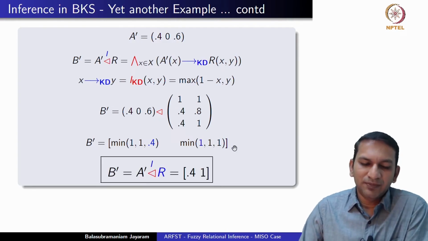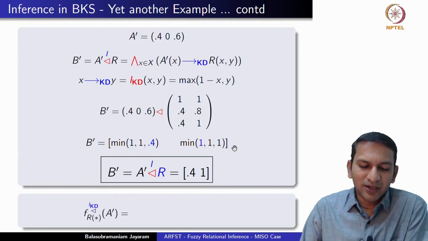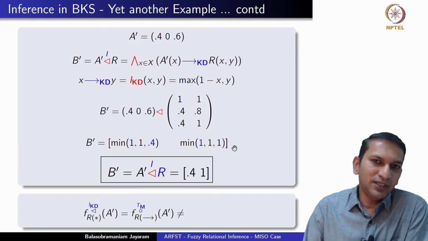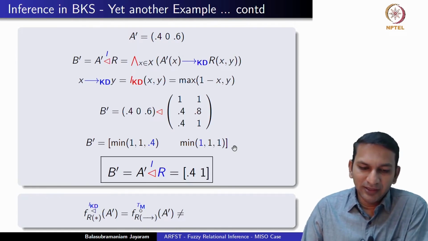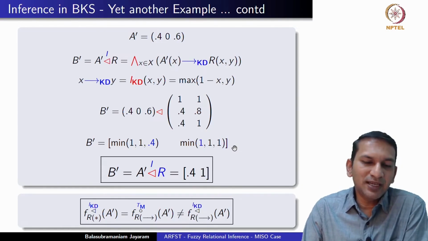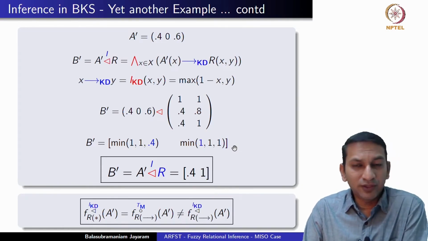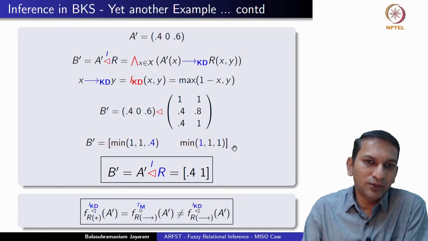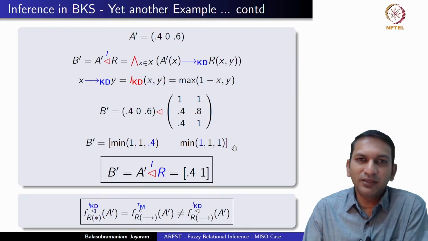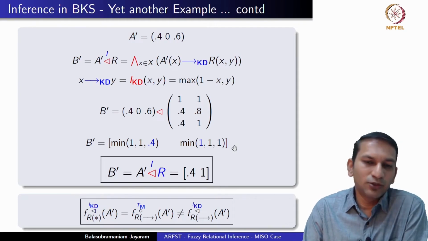So what we see is, while earlier the inference that we got from two different inference schemes with A dash were the same, in this case with exactly the same rule and inputs, but with a slightly different combination of operations for obtaining the relation from the rule and the composition, we see that they are no more the same.